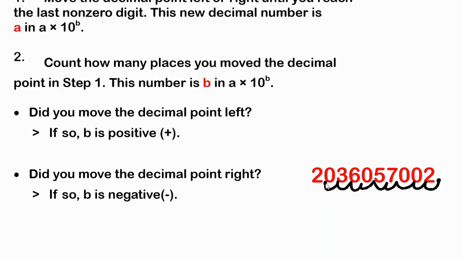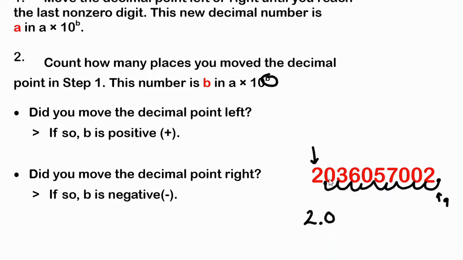So now, boom, I've reached my last non-zero number. Okay, so now I'm going to write this as 2 point. Count how many places I moved the decimal. I moved it 9, right? I had to move this 9 times, and that's the b. That's the exponent. So I'm going to write 3 sig figs.